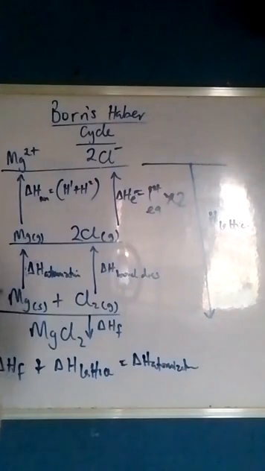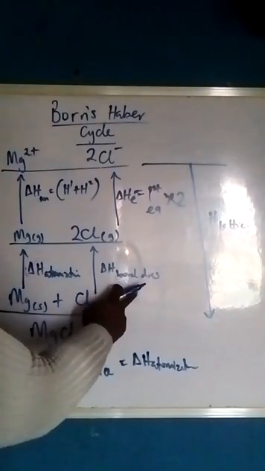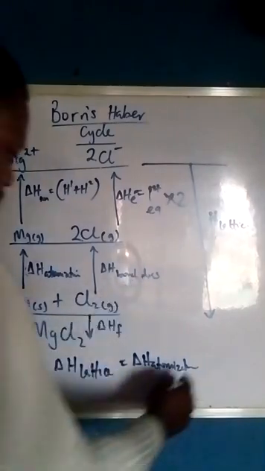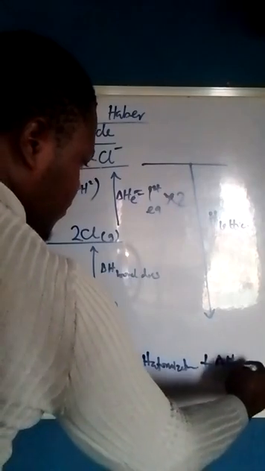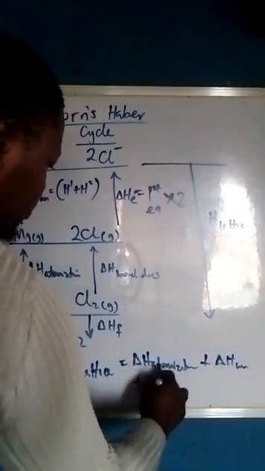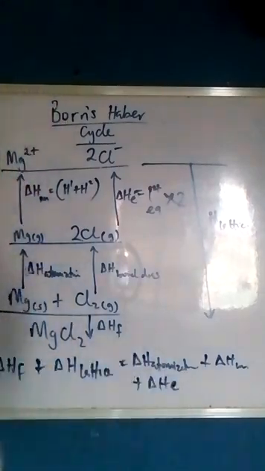Both are atomization, but this can also be called sublimation, and this can also be called bond dissociation. So plus the heat of ionization plus heat of electron affinity. So this is the formula you have to use.